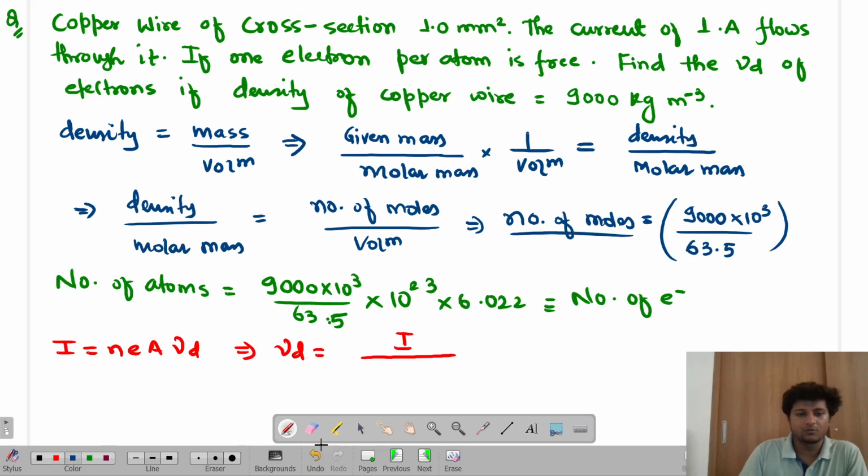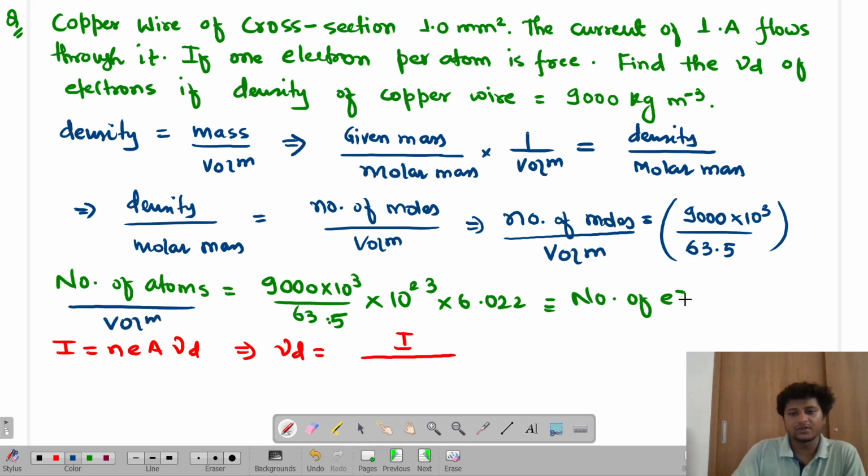Let me write number of moles by volume. So this will be number of atoms per unit volume, or this will be number of electrons per unit volume, which can be written as a small n. Got it?